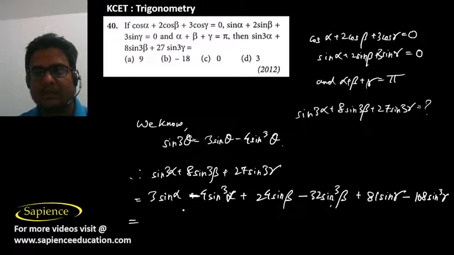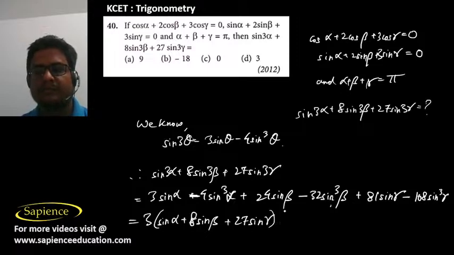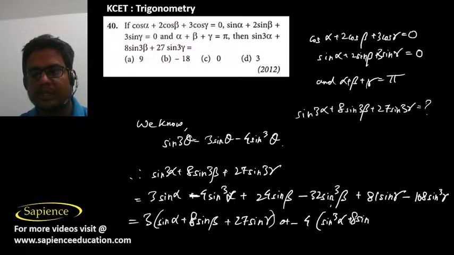So from here I can take 3 as common, so this will be 3 into sine alpha plus 8 sine beta plus 27 sine gamma, minus 4 into sine cube alpha plus 8 sine cube beta plus 27 sine cube gamma.